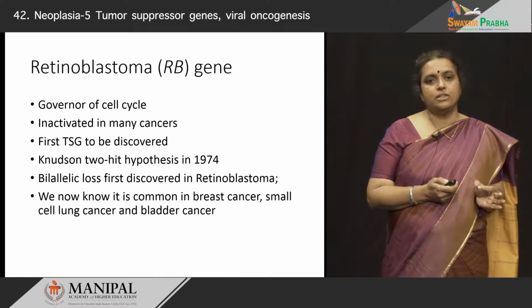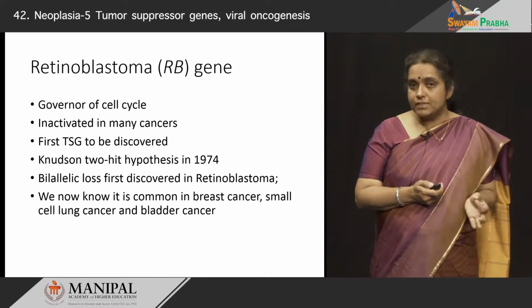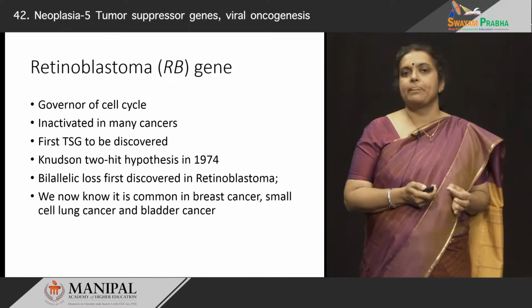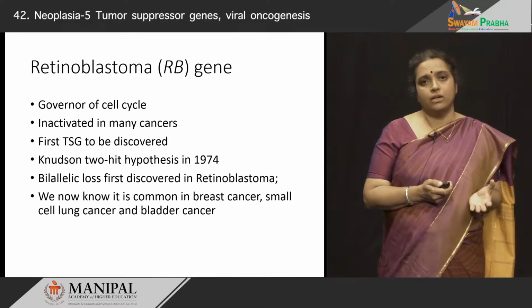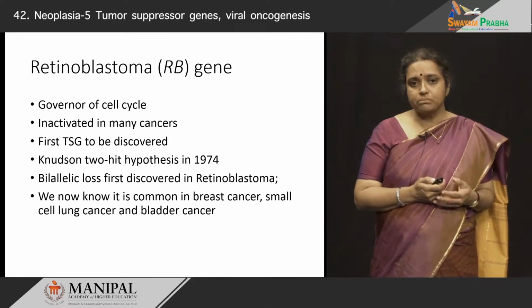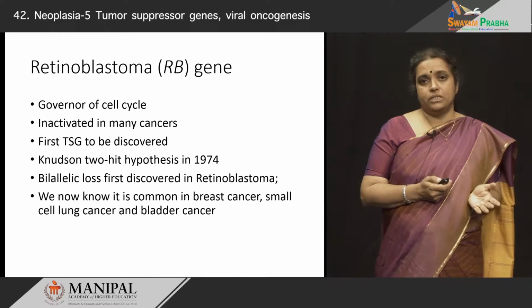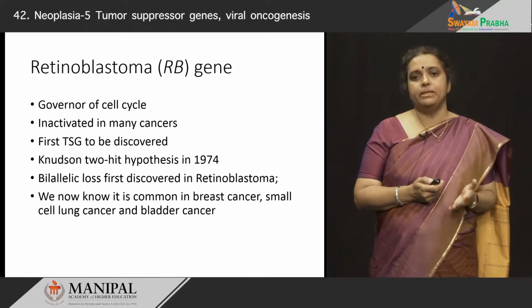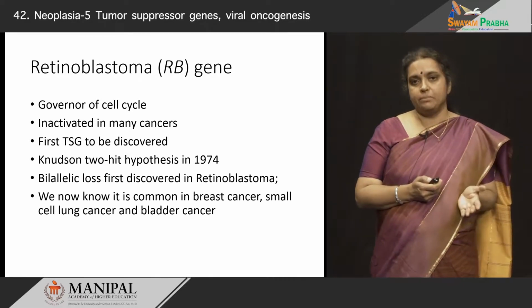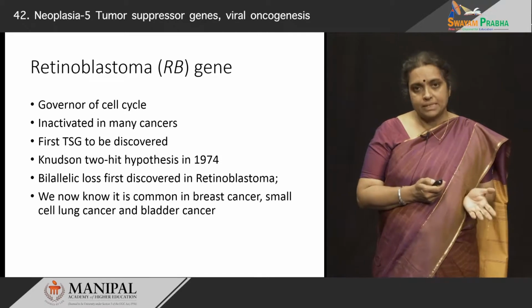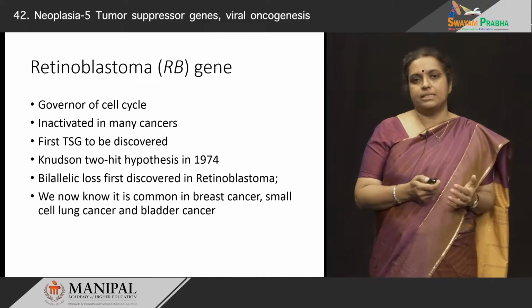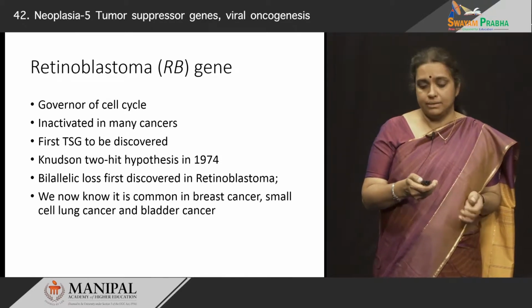Biallelic loss, as I already said, was first discovered in retinoblastoma, and that is why it is called the RB gene. Now, we know it is also seen very commonly. Mutations of the RB gene are also seen in breast cancer, small cell lung cancer and bladder cancer, among other cancers.